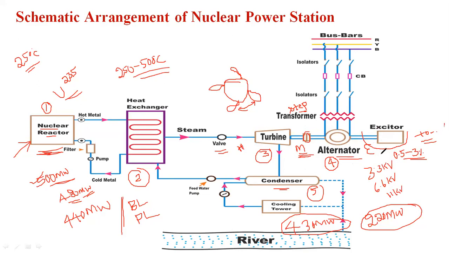At the time of starting, DC supply is given to the rotor or the field system. The waste steam from the turbine is collected in the condenser, and then circulated to the cooling tower. Again, that water is sent to the heat exchanger as feed water. Here the water is carried from a river, canal, or storage water tank.